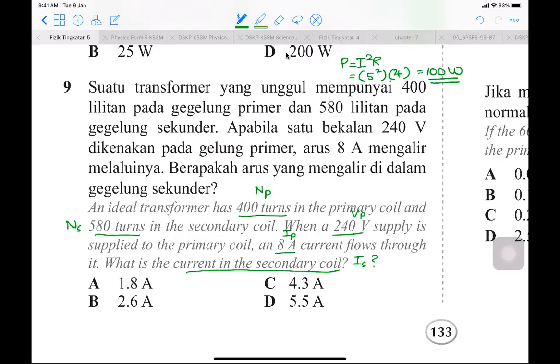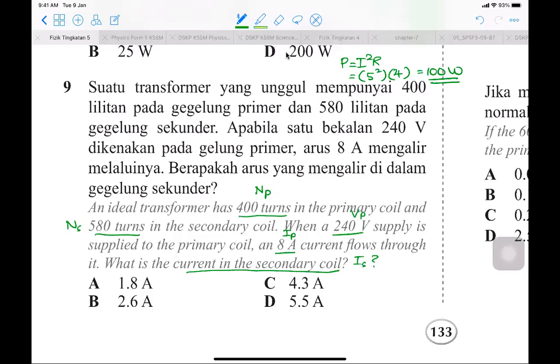Okay, coba kira dulu, calculate first. What will be the answer for this one? You need to find apa dulu?